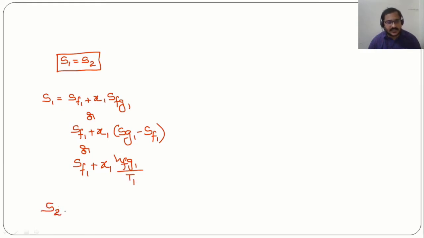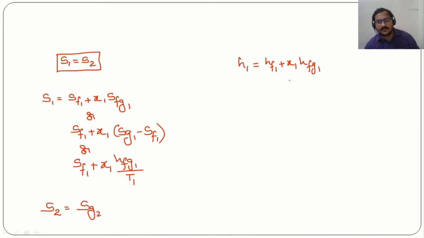Then second condition is dry saturated, so simply you can use SG2 as the formula. Then H1 is the initial enthalpy. This will be HF1 plus X1 into HFG1, or HF1 plus X1 into HG1 minus HF1.